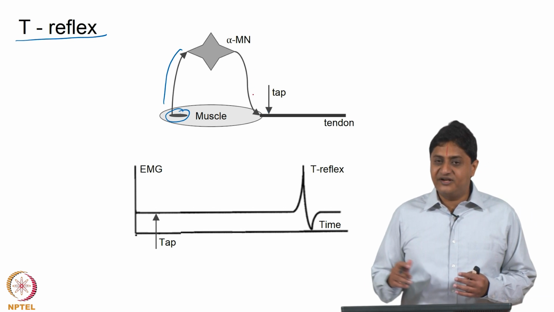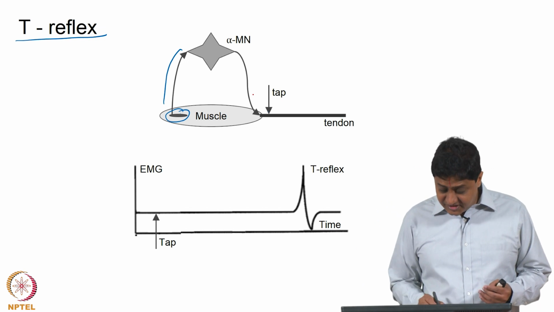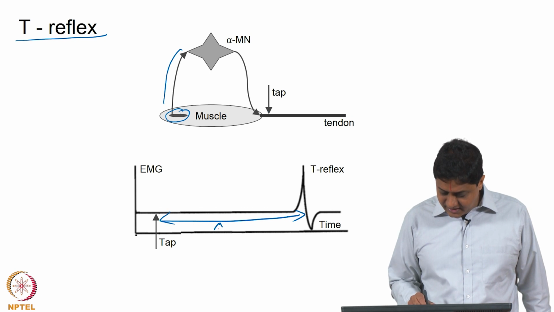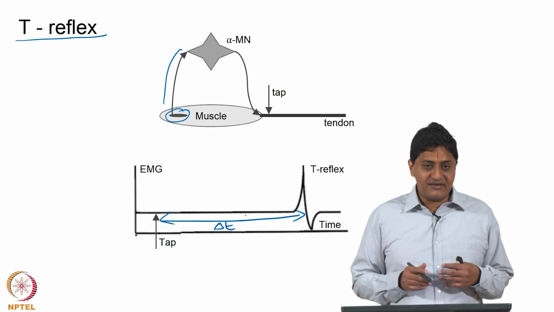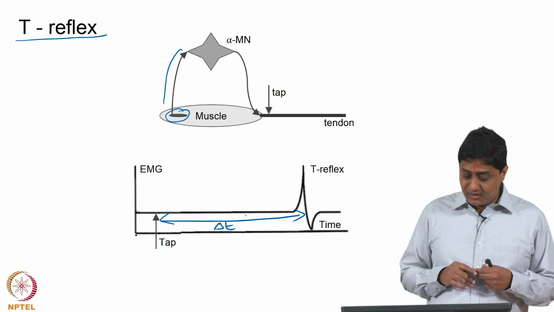That response is what is felt as the knee jerk response. And that response, and approximately that delay, that delta t, will be the same as the H reflex response. Why?